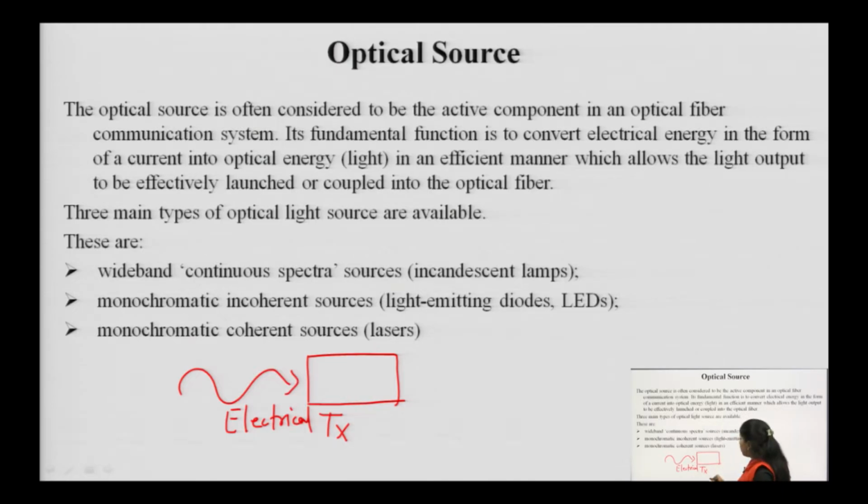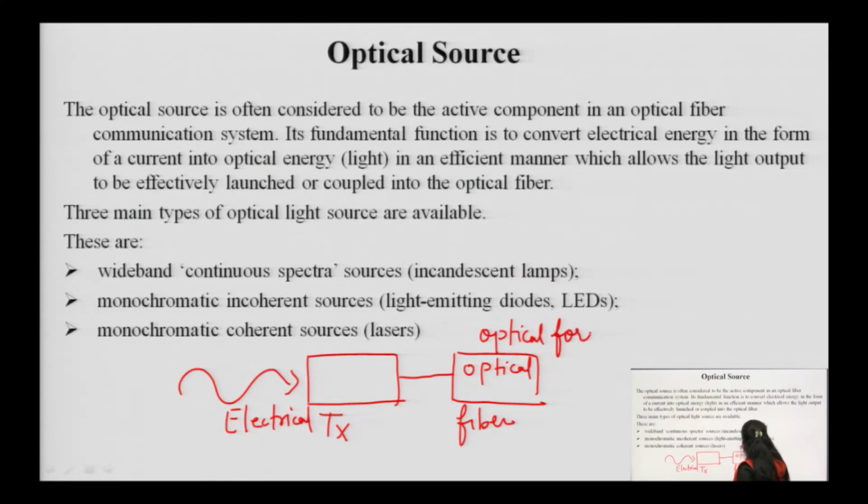But in optical communication, after this the signal has to move towards the second block, that is our optical fiber, for the transmission purpose. And this optical fiber accepts the signal only in the optical form. So, here the signal is electrical and here the signal is optical.